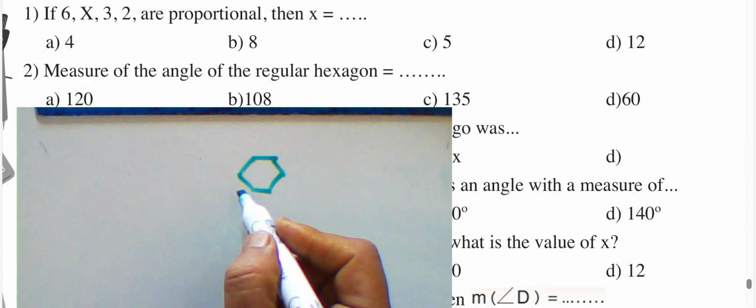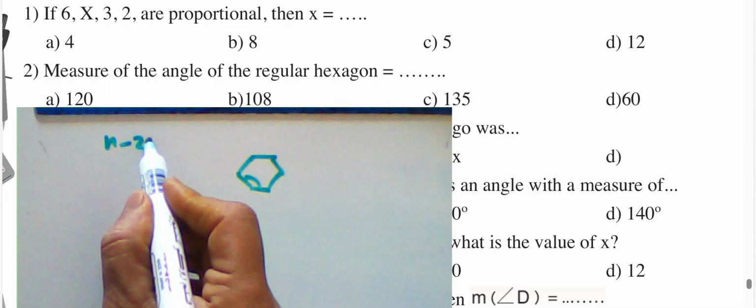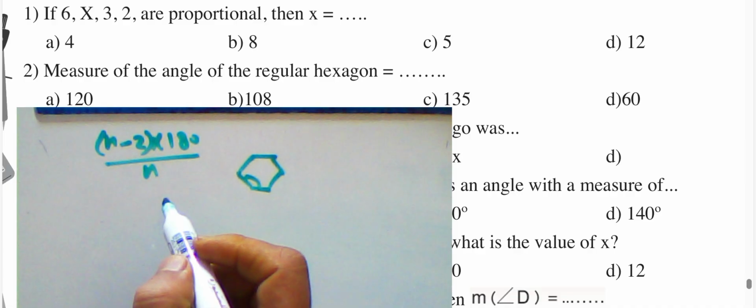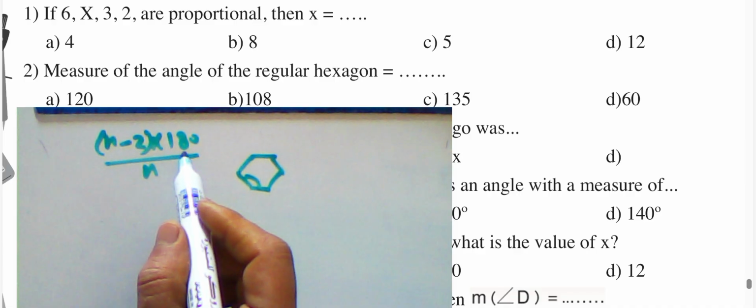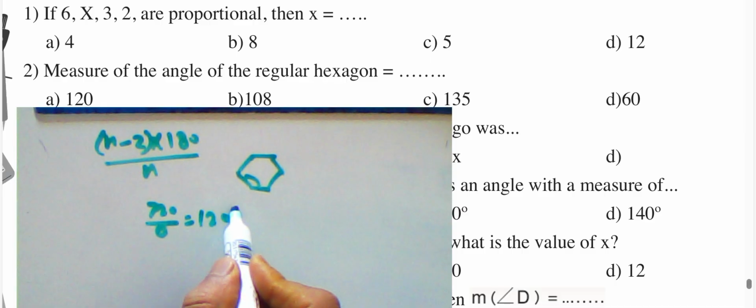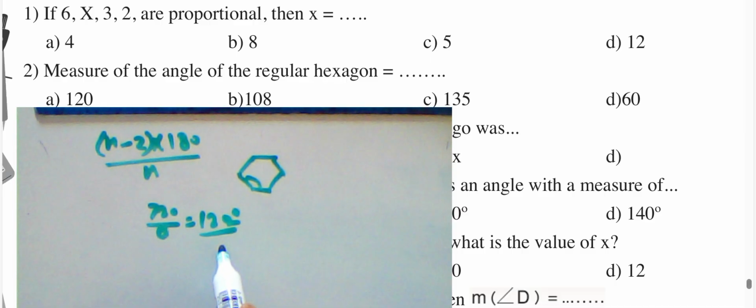We want to find the measure of the angle here. It will be 120 by using the rule (n minus 2) times 180 divided by n, where n is the number of sides. 6 minus 2 is 4. 4 times 180 equals 720, divided by 6. It will be 120 degrees. The measure of the angle equals 120 degrees.